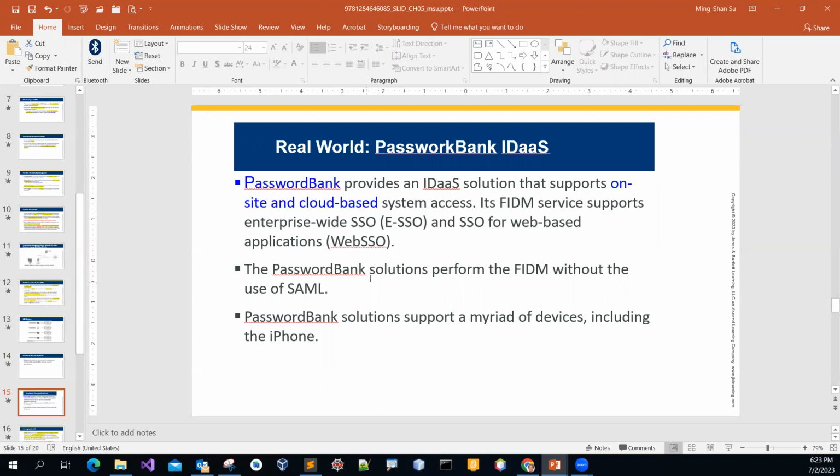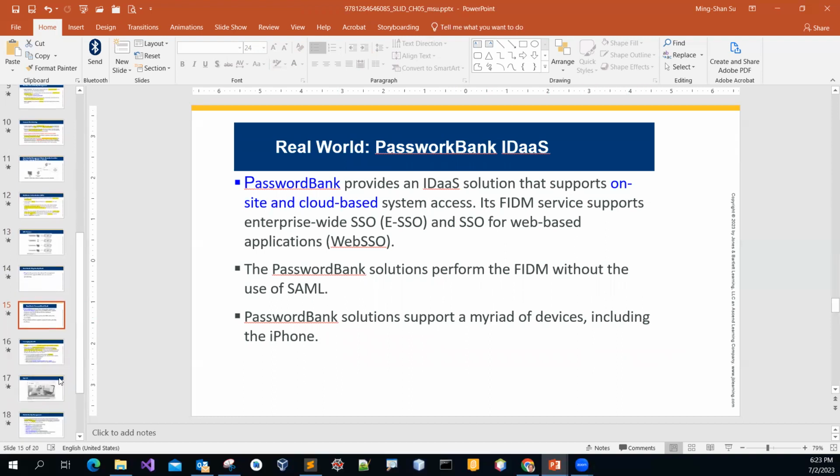The Password Bank solutions can perform FIDM without the use of SAML. And they can support a myriad of devices, including iPhone and other smartphones as well.